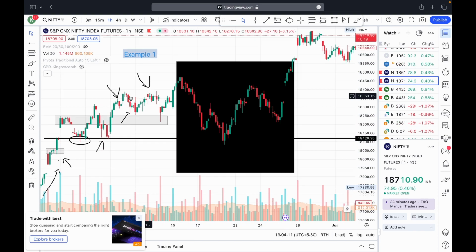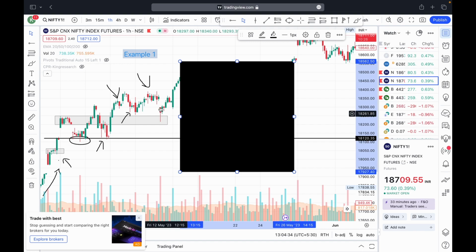Now you can see this SNR, this zone is acting as a support level for buyers. And whenever the price enters this zone, the buyers start buying and the prices go up. Moving on further, as you can see, the prices go high enough to cross this SNR.